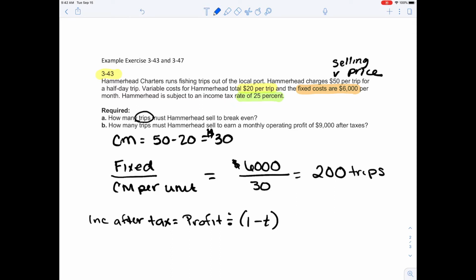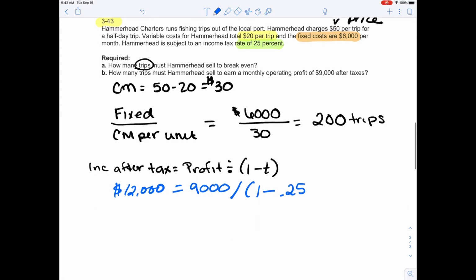So if my profit was $9,000 and I know my tax rate is 25%, I would know the income I would need is $12,000 to earn that $9,000 after taxes.